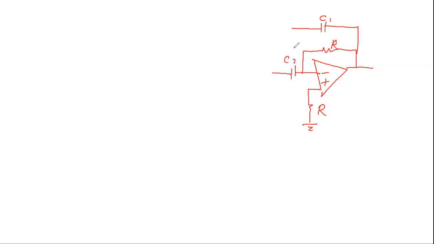We call it C2. And this capacitor is connected here. And these two capacitors are connected to a resistor R, and another resistor R here. And these two together are connected. And this is R. And this is Vin. And this is Vout. Remember that we labeled this as A here, and we labeled this as B, and we labeled this point as C. So let's now do the KCL at each of these points.